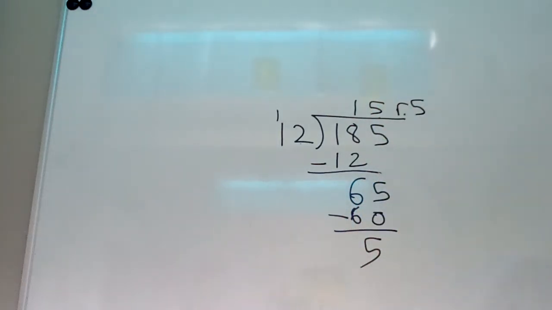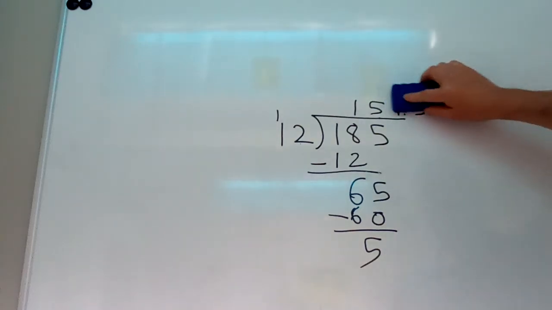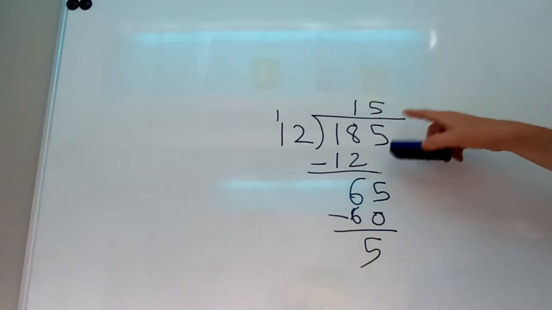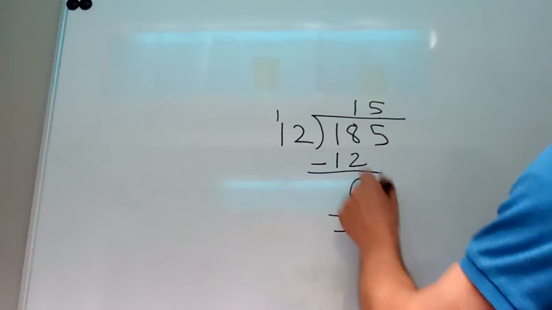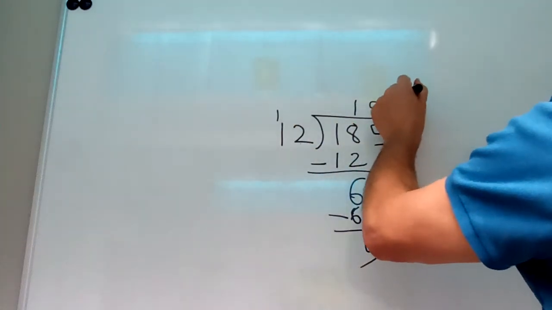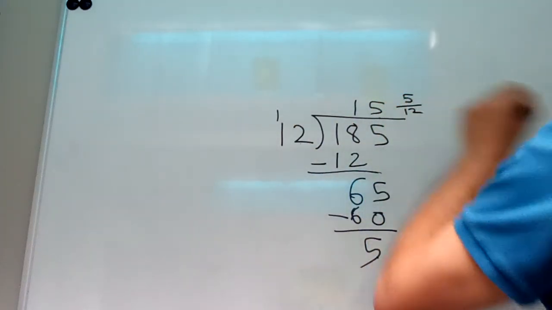Now, sometimes you will be asked to write your remainder as a fraction. Let's take this problem right here, and I'll show you how to write your remainder as a fraction, and then we'll do another problem. You've got a remainder of 5. Instead of putting R5, you could put this number 5 over your divisor, 12. 5/12.